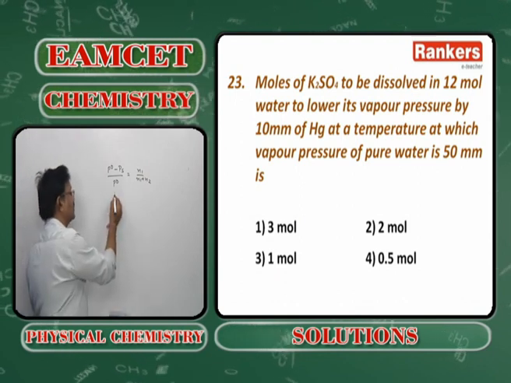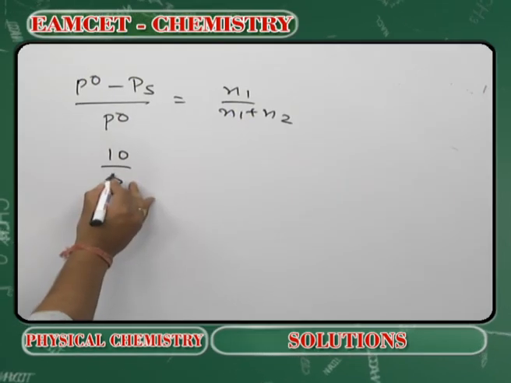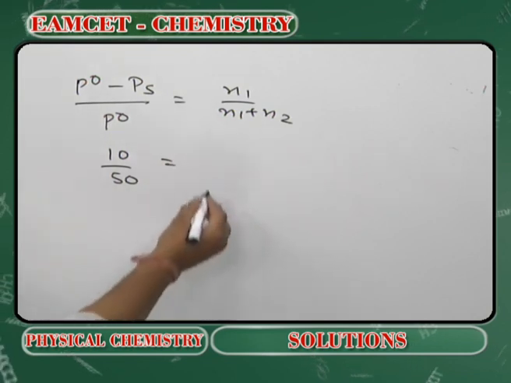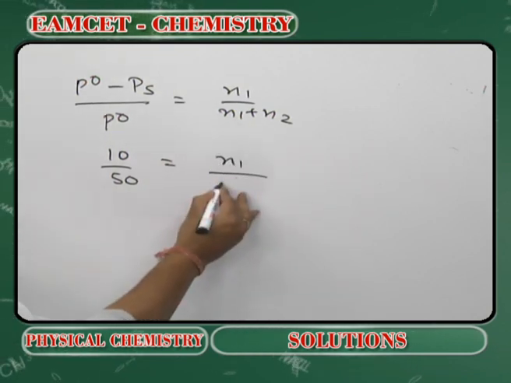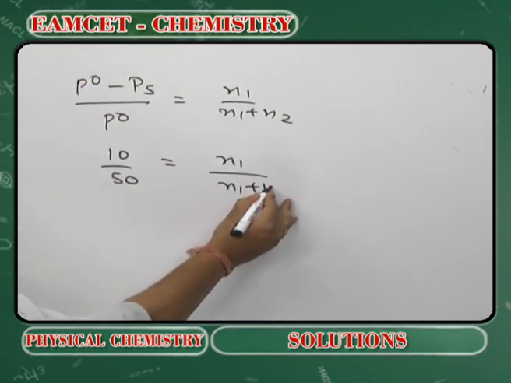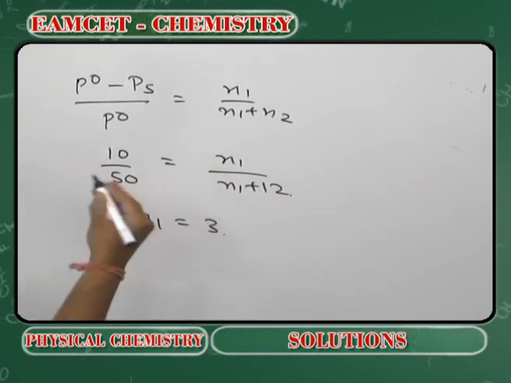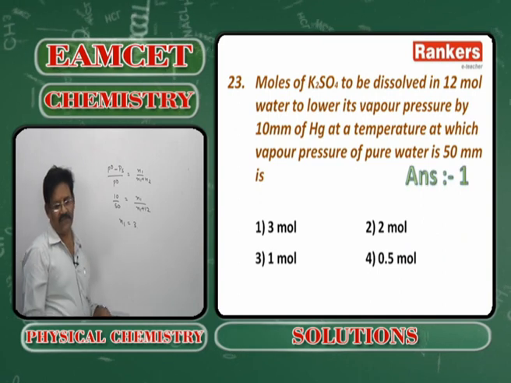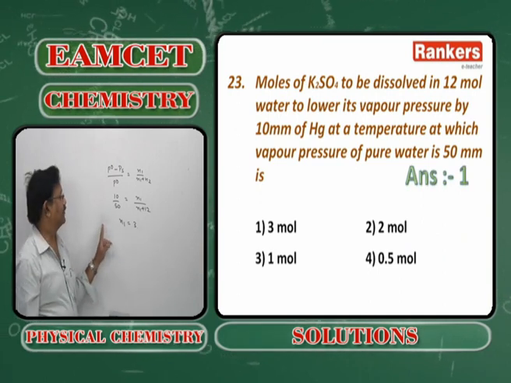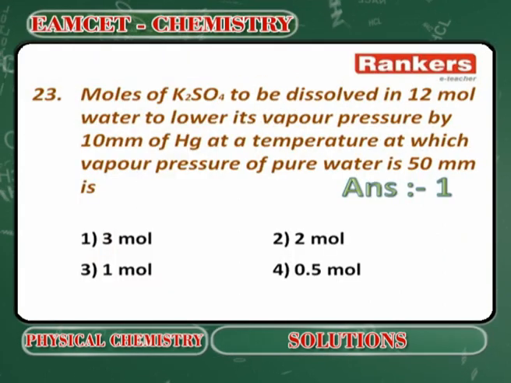Now this is 10 by 50, N1 by (N1 plus 12). Solving, N1 is equal to 3. Option 1. It's a direct Raoult's law application. Next question.